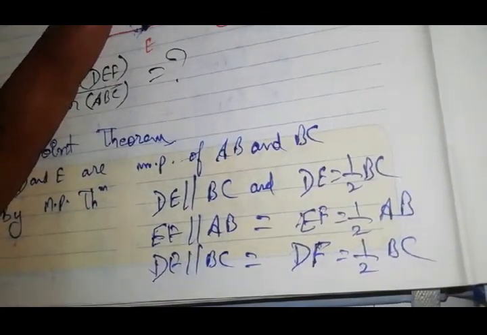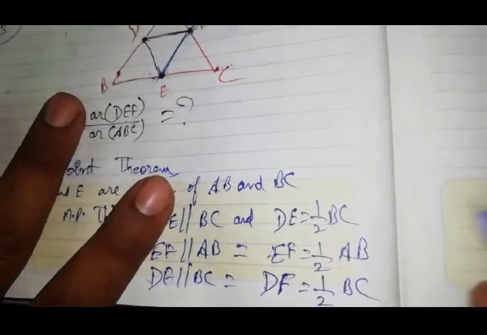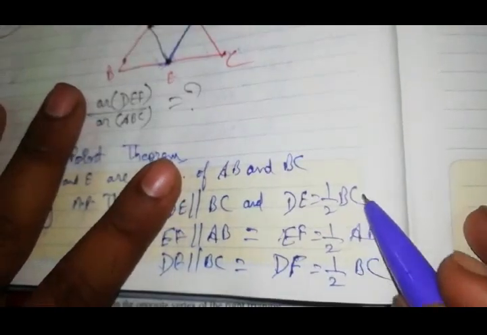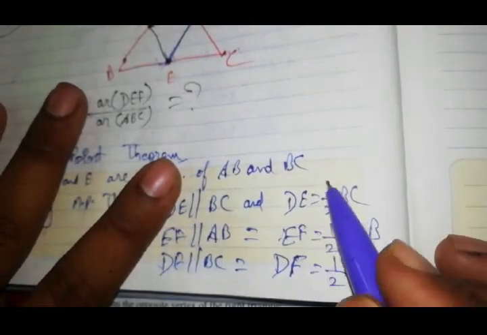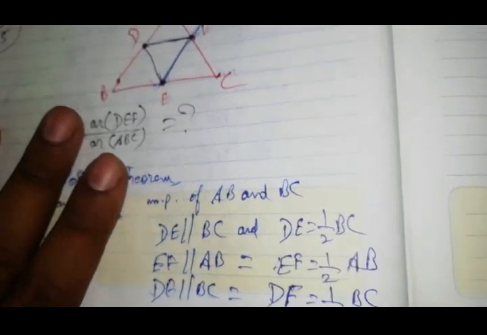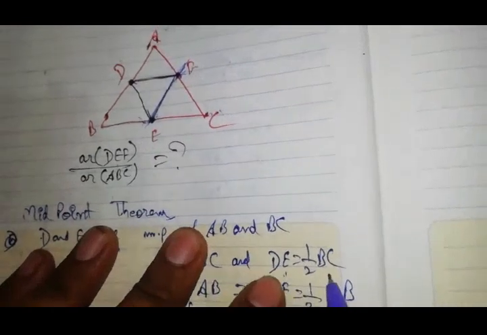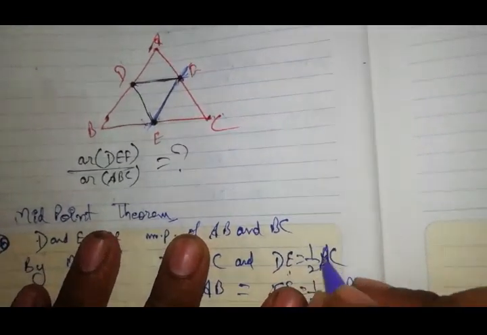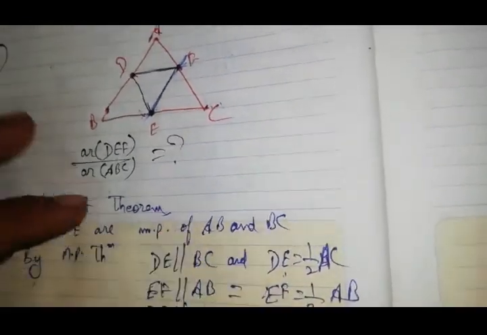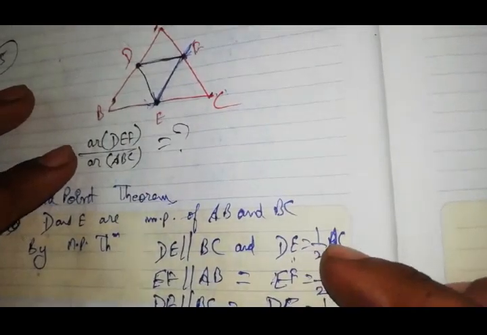Now look, DE is equal to 1 by 2 into AC, not BC, this is AC. So DE upon AC is equal to 1 by 2.